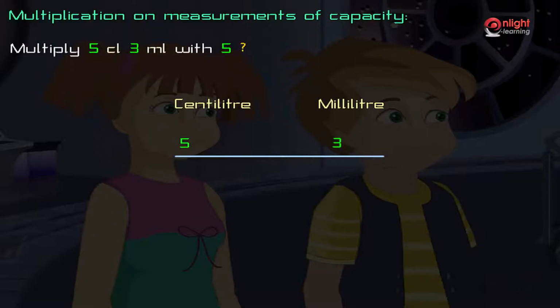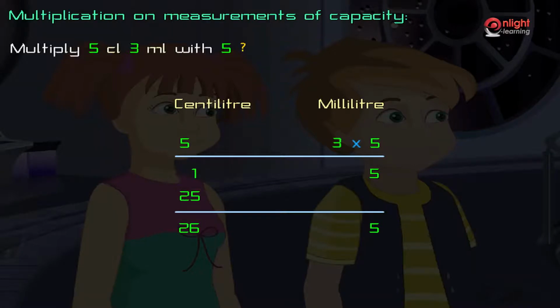Multiplying from the right, first we multiply 3 with 5, which gives 15 milliliters. 10 milliliters equals 1 centiliter. Hence, carrying 1 to the left and keeping 5 in the milliliter column, in the centiliter section we now multiply 5 with 5, which gives 25, and adding 1, we get 26. Hence, the answer is 26 centiliters 5 milliliters.